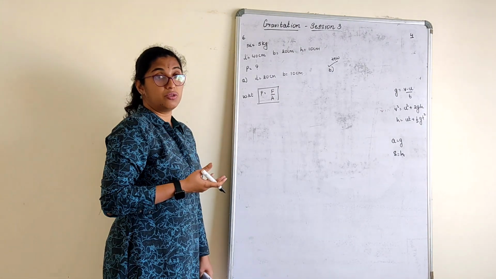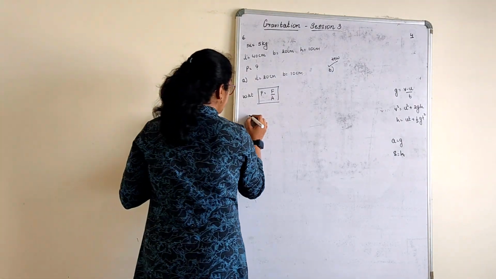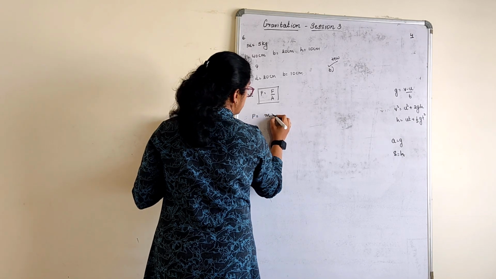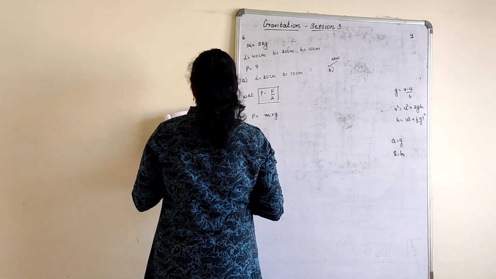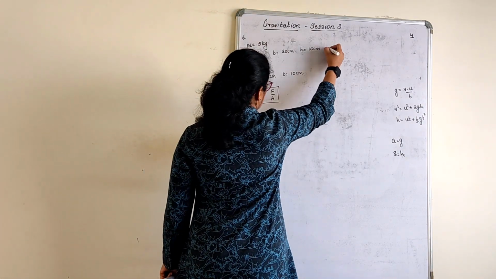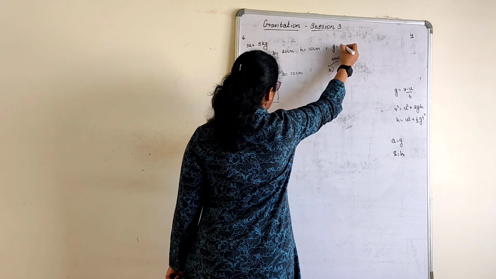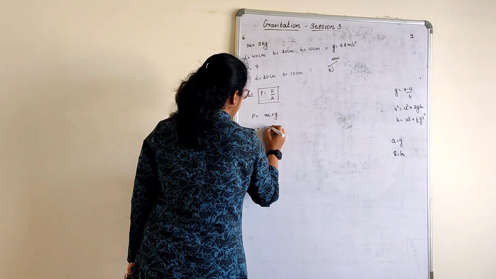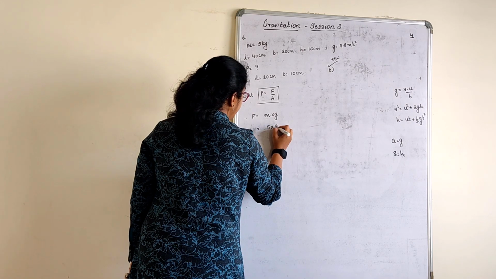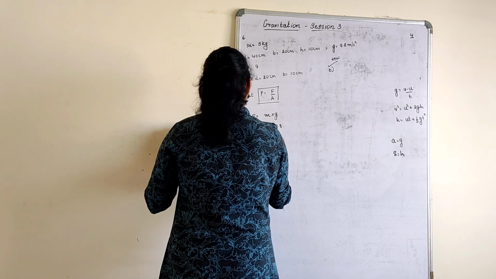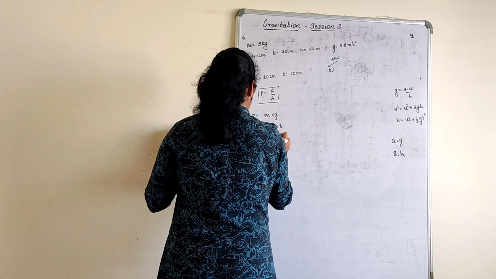Both the things are unknown to us. Let us calculate. Therefore, force is equal to mass into acceleration, that is mass into gravity. What is gravity here, which is not given? So we will consider g as 9.8 meters per second square. How much is mass? 5 into 9.8. Therefore, force is equal to 49 Newton.